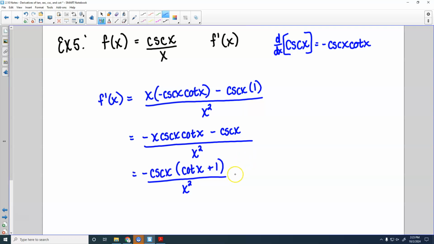And there is a decent chance they'll write it this way. Because there was a cosecant there, and we're taking it out, there's nothing left, but we have to put a 1 there as a placeholder, so whenever we multiply it back. And you're factoring out the negative also, so it changes to a positive.